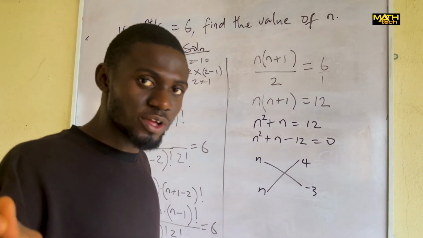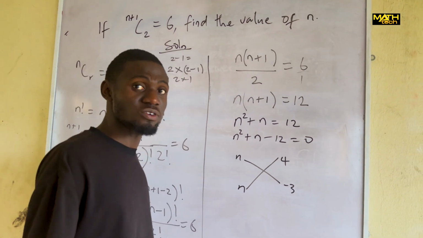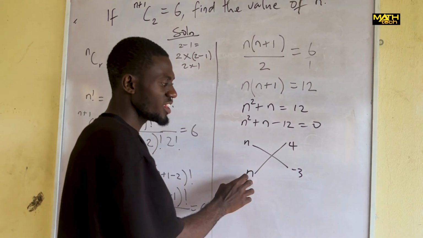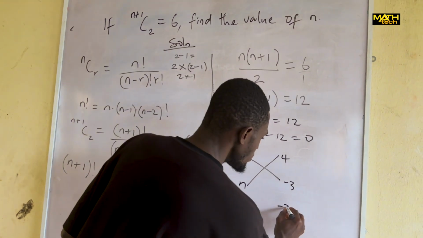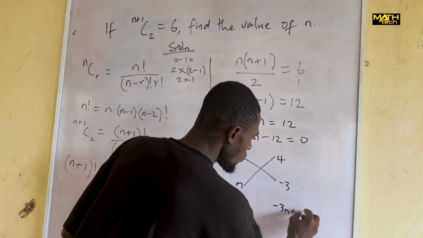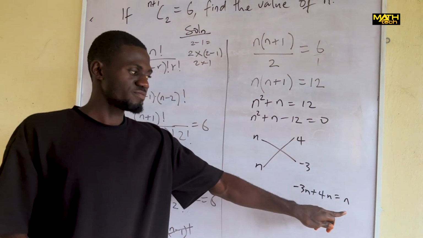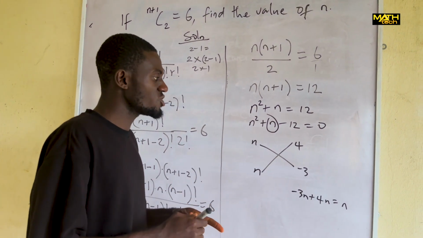Now, this is one sweet thing about the scissors method. n times minus 3 gives us minus 3n, and 4 times n here gives us what? 4n. So if you solve minus 3n plus 4n, we arrive at the answer to be what? n. So this is the middle value here, n. So the scissors method is very simple.